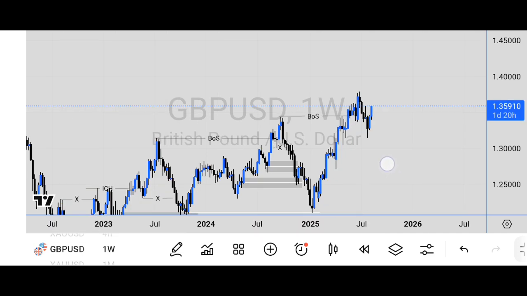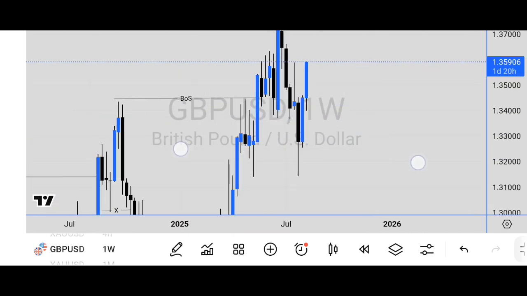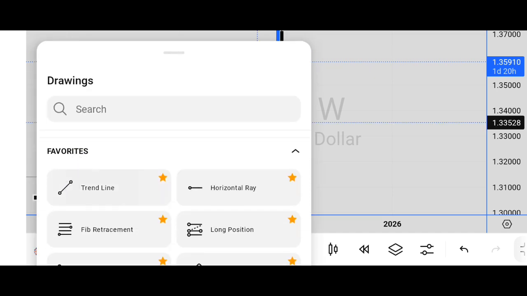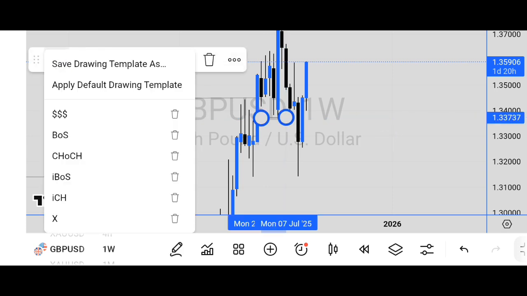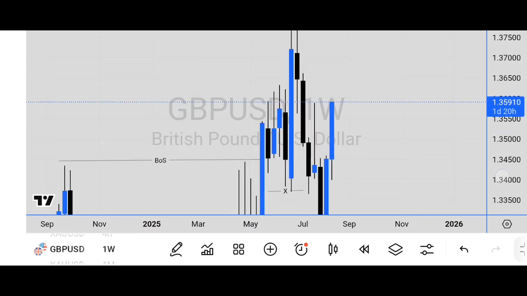That is how we mark out our structure carefully. Break of structure, then right here we have an inducement sitting. Generally, if we look into this market deeper, we need to identify a valid inducement, and we identify a valid inducement when we have a valid pullback.